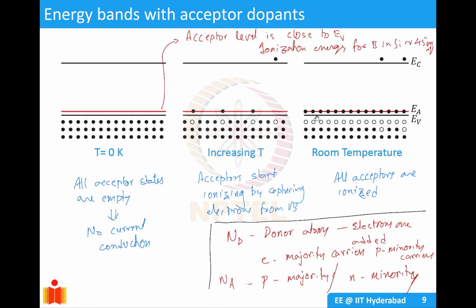So at room temperature, the acceptor energy level gets filled with electrons from the valence band, leaving behind a large concentration of holes in the valence band. So in p-type materials doped by acceptor atoms, you have a higher hole concentration than electron concentration.